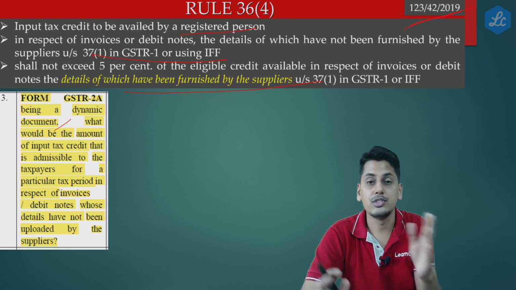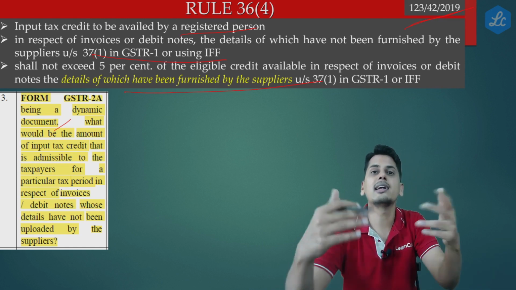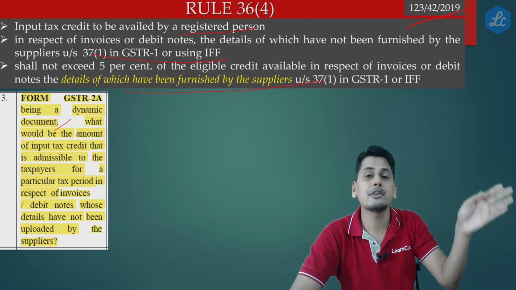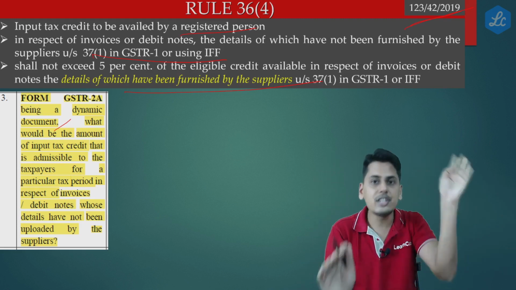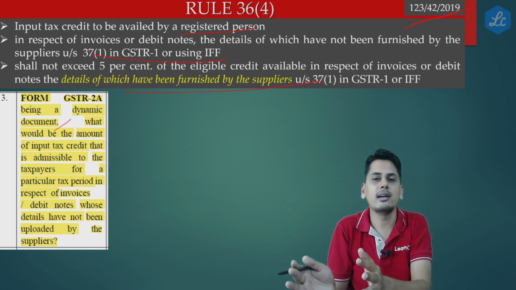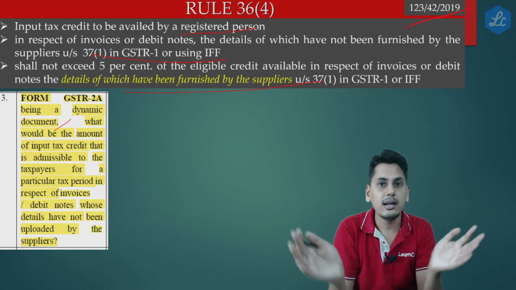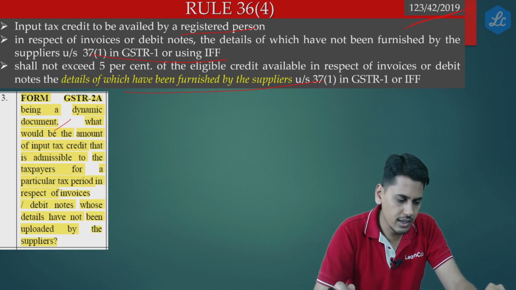Tomorrow, GSTR-2A for August will again get updated. Day after tomorrow, again it will get updated. As and when the suppliers are filing their GSTR-1 for a particular tax period, at the back end, for me, in GSTR-2A for that particular tax period, it will keep on changing. So GSTR-2A is a dynamic document.